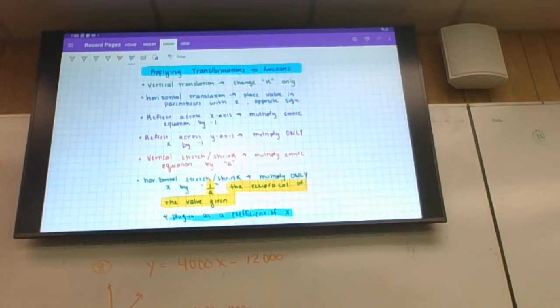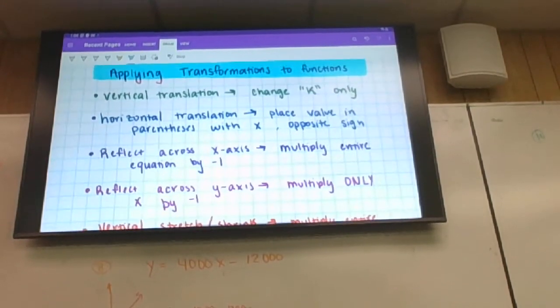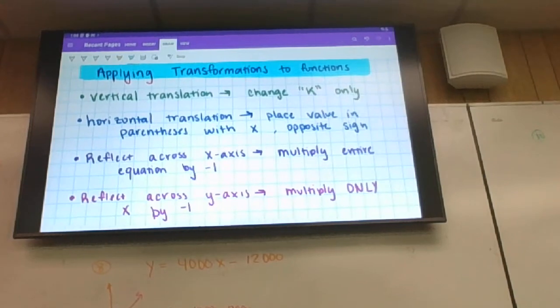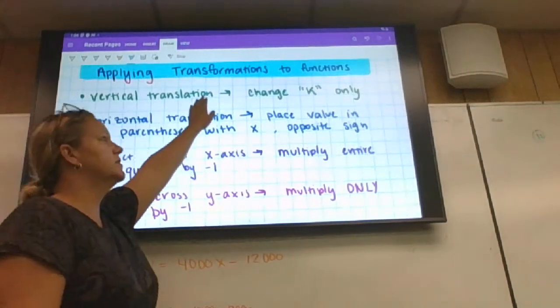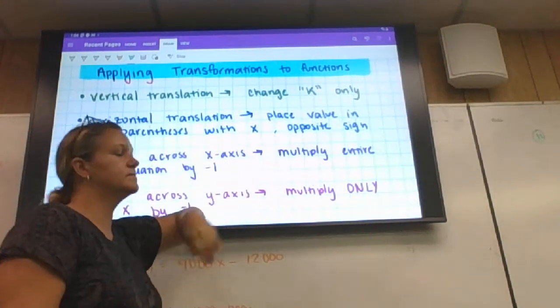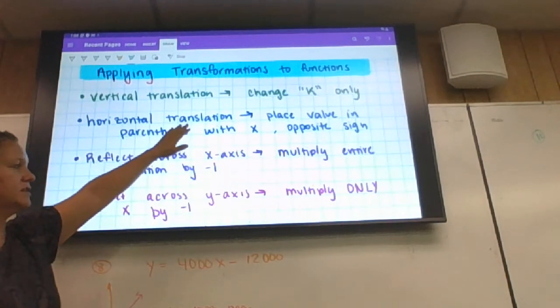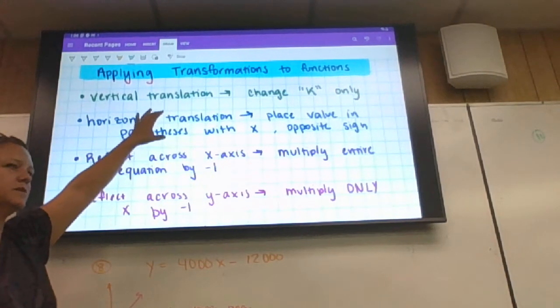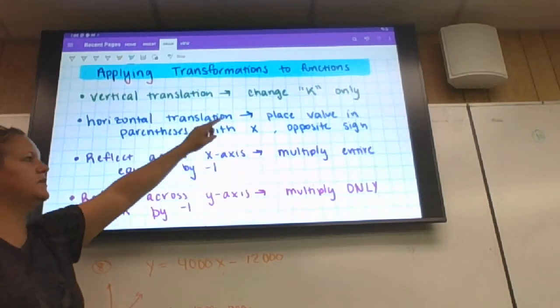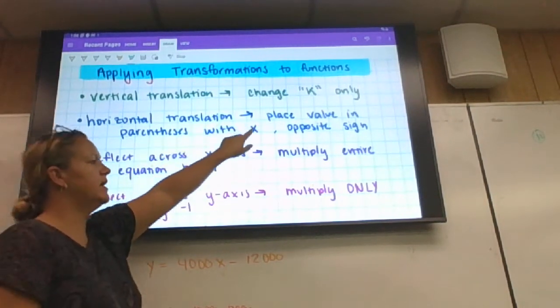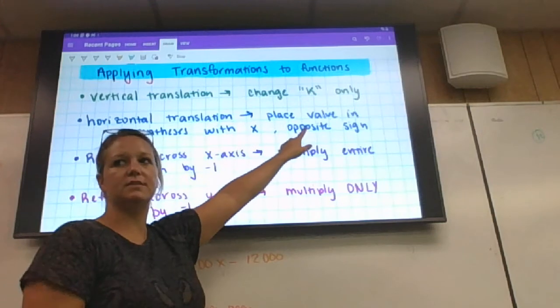Okay, now I'm going to zoom and talk about each one as a review, and then I'll tell you the new stuff. Okay, anytime you're asked to make a vertical translation, you change k only. Anytime you're asked to do a horizontal translation, and this is still confusing, I think, you place the value in parentheses with x, and you do the opposite sign.